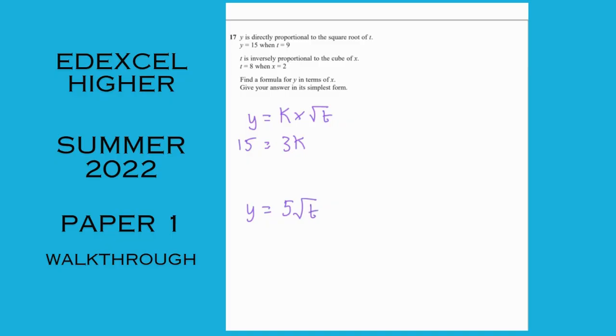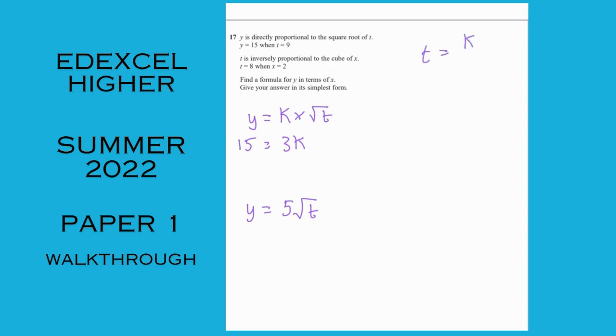Similar to over here. t is inversely proportional to x cubed. In goes t equals 8. It wasn't a y, it was a t.